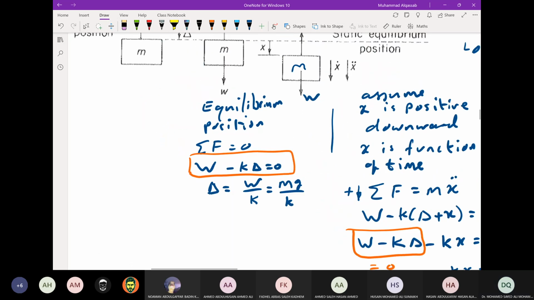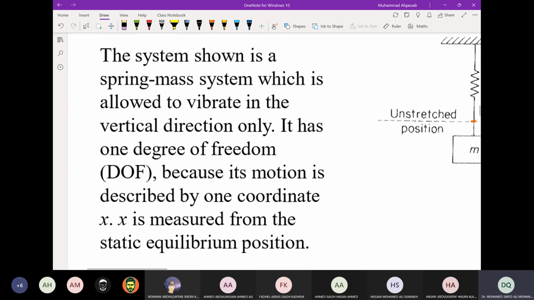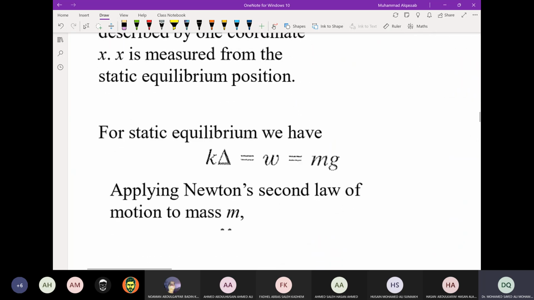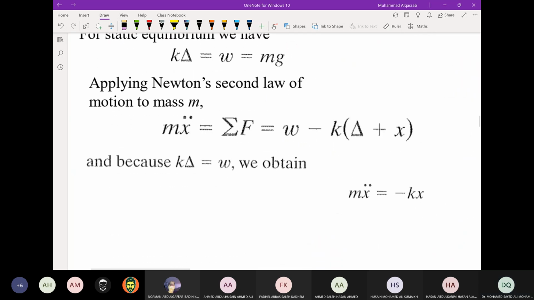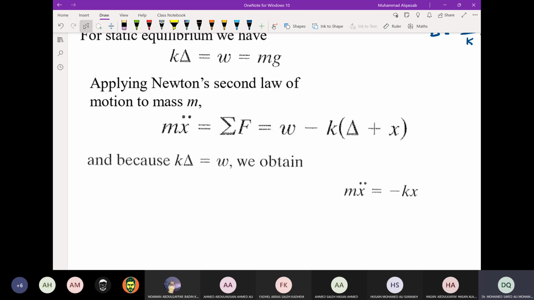And the equation is familiar, by the way, to what we did in chapter 1. So when you apply Newton's second law to the vibration free body diagram, you get m x double dot equal to the sum of forces, and we take downward as positive, which is the definition of the positive direction of x.